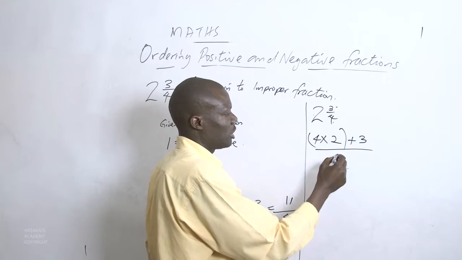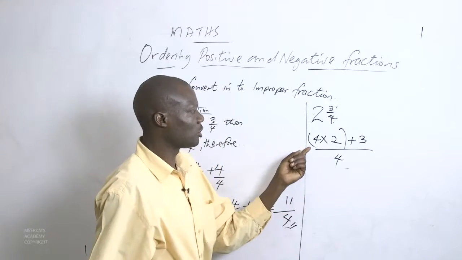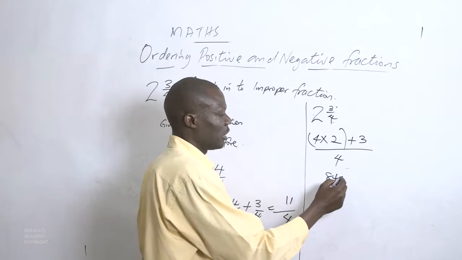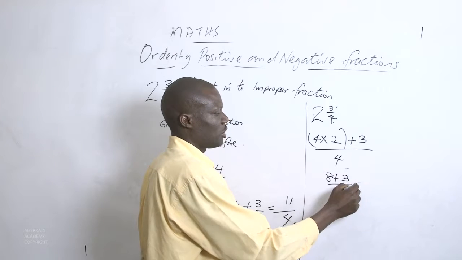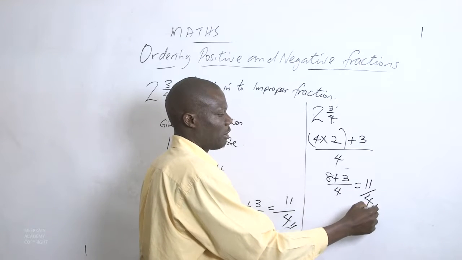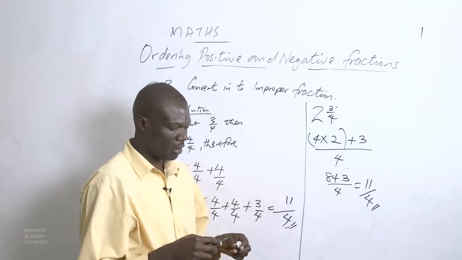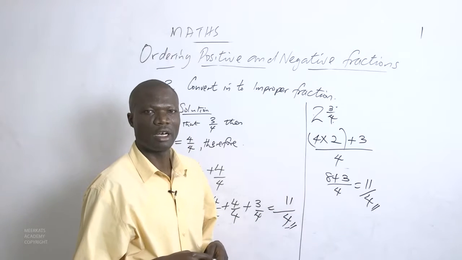The denominator is maintained as 4. So 4 times 2 is 8, plus 3, over 4. This gives us 11 over 4. Realize that the two methods give us the same answer.